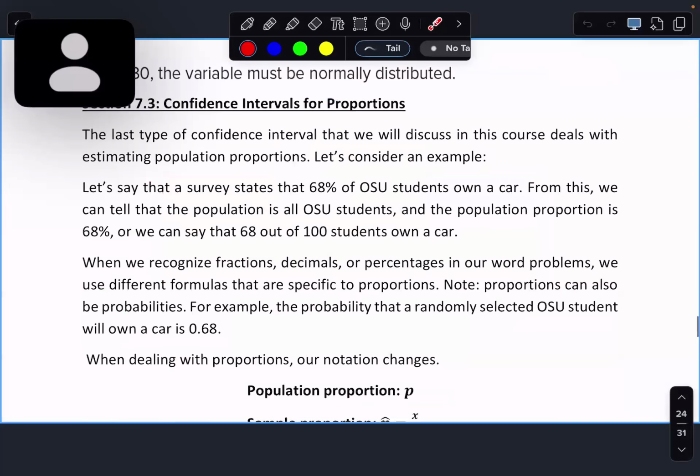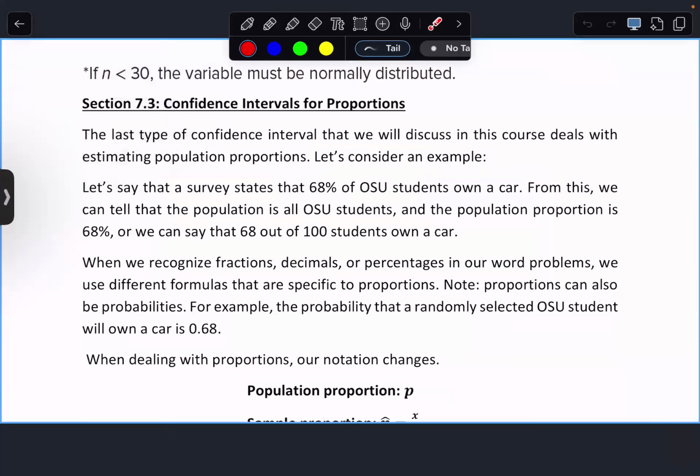Okay, so now we move on to our next and last aspect of confidence intervals, which is the confidence interval for proportions. So what is a proportion? A proportion is just a percentage or a fraction of an entity, right? If I ask, what proportion of students in this class are sophomores?